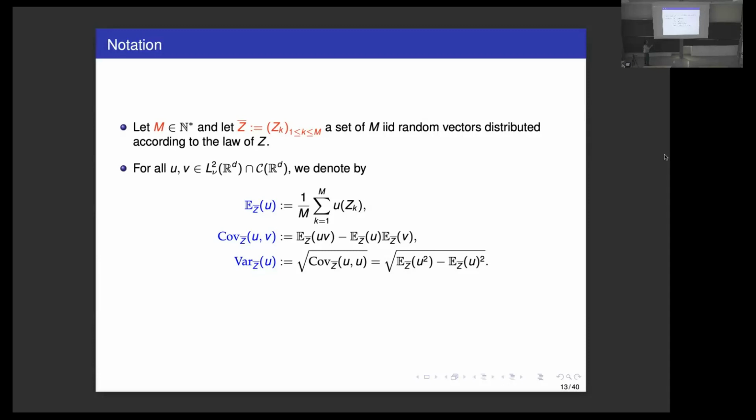For instance, the empirical mean of a continuous function u in L2 nu associated to the collection of variables Z bar will be given as 1 over n times the sum from k equal 1 to n of u of Z_k. This is the empirical mean of u associated to the collection Z bar, and you can define in a similar way empirical covariances and empirical variances.